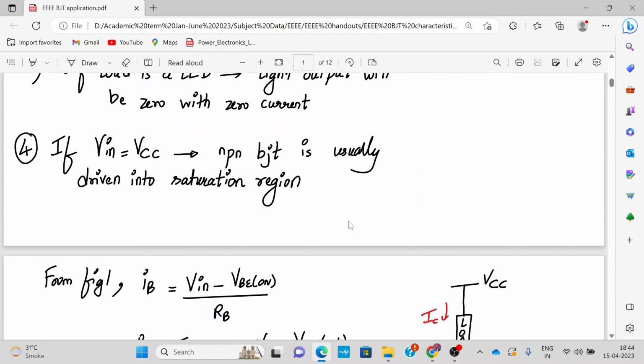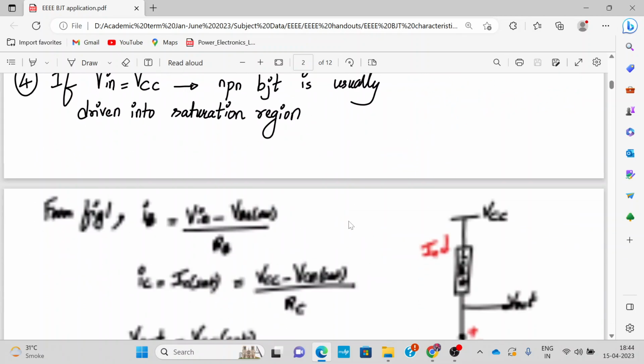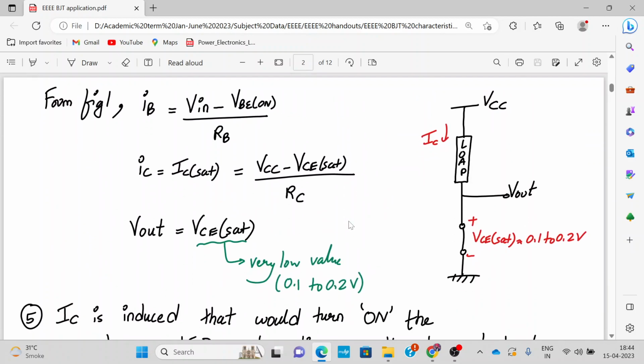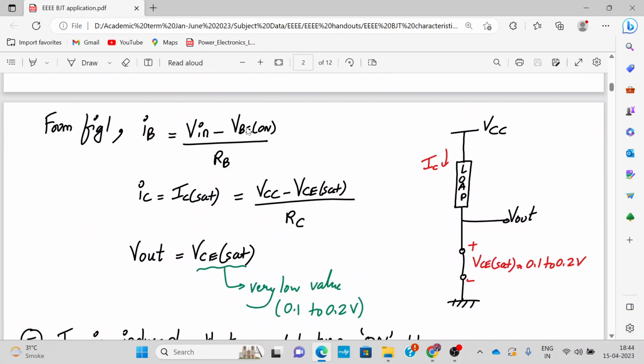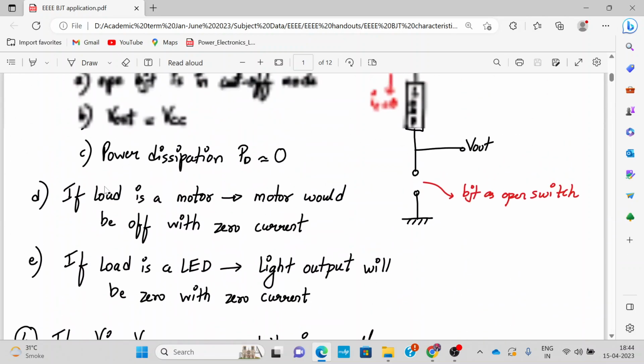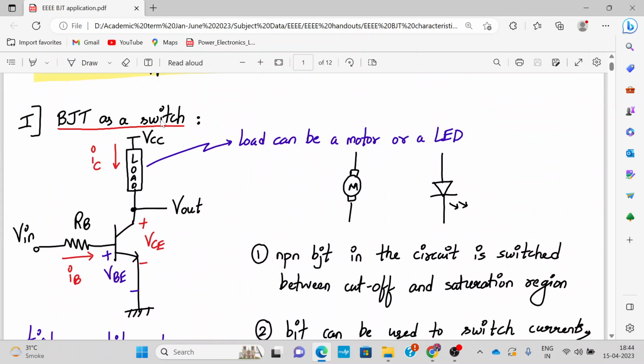So let's try to understand the next part. Now over here, from figure number 1, IB can be written as Vin minus VB on upon RB. IC can be written as VCC minus VCE upon the load value.